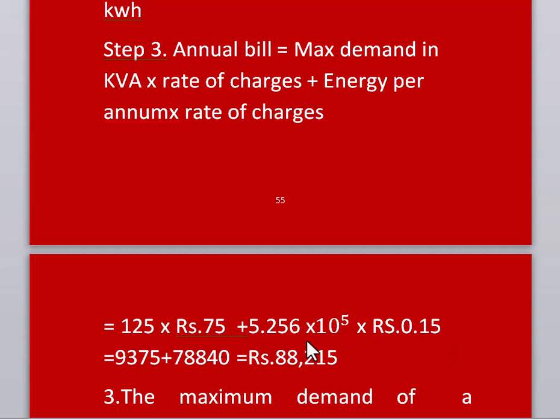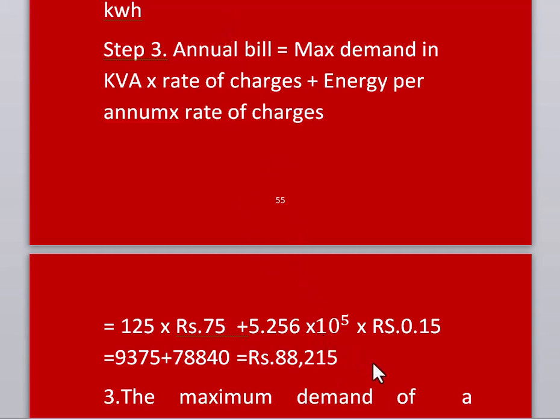So multiplied with the total number of units consumed will give this bill. After simplification we get 9375 as the bill corresponding to the maximum demand, whereas the bill for the total number of units consumed becomes 78,840, and after adding these two we get 88,215 rupees.